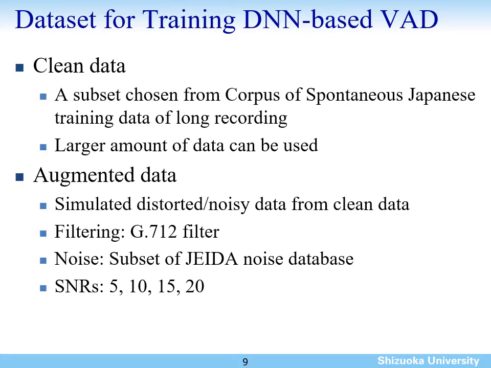Though using a larger dataset is possible and encouraged in this research, I will discuss how minimal data affects the segmentation and ASR performance. The augmented data is simulated using G712 filter and a subset of JEIDA noise database to include distorted and noisy environment.